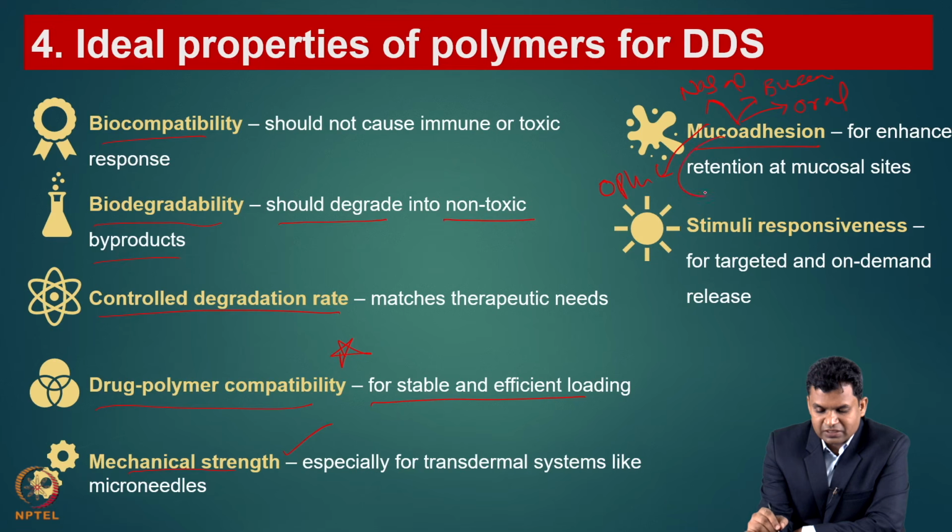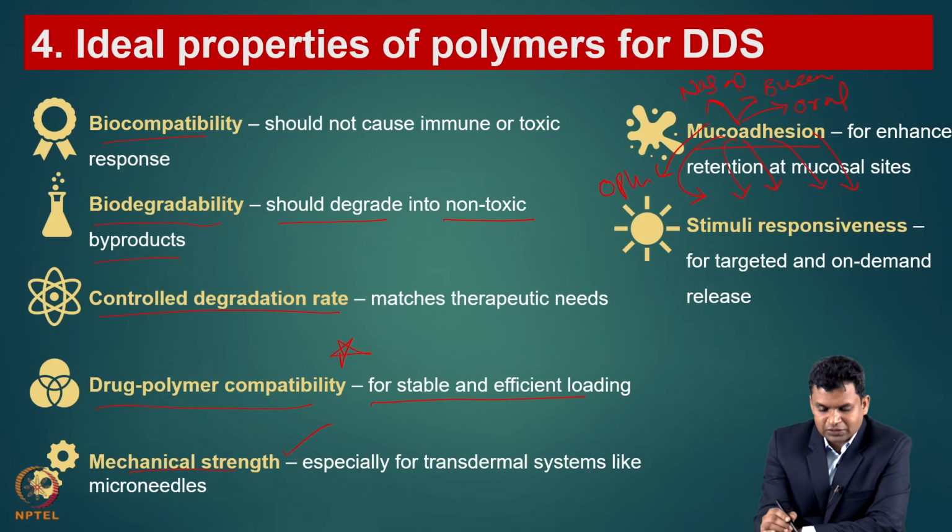So many systems, we can target various organs by using these mucoadhesion systems. How does it work? On the organs, on the layers, there is mucus present on the surface of those organs, and that mucin will be involved in the interaction with the carrier systems.